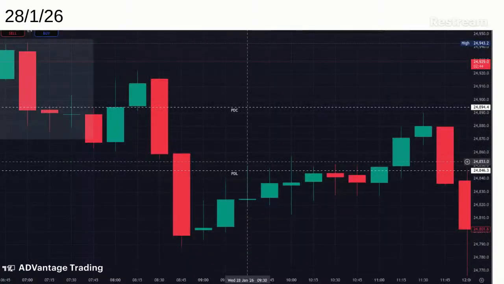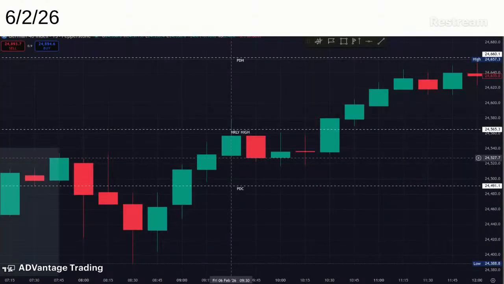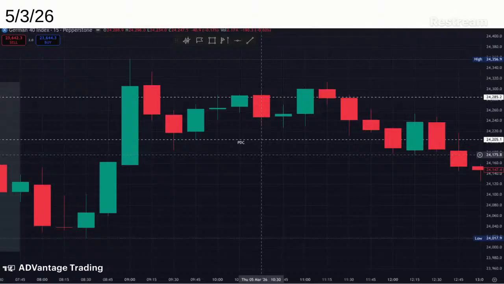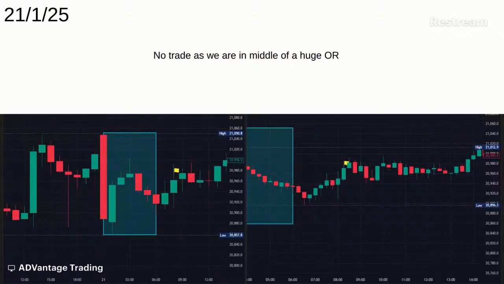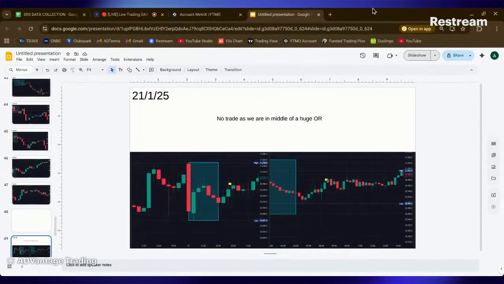So that would have been the day you wanted to sell. And this was another day you'd want to sell below. Another day you'd want to sell below. This one you would sell below and probably be stopped out, break even. This one you'd want to buy below. So it's relatively indecisive, to be honest. It is relatively indecisive.